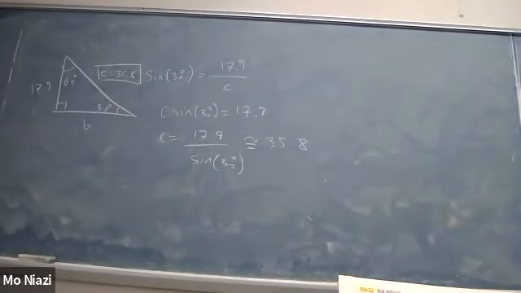What's little b? Maybe it's cosine. Why not? Cosine of what? 32. Equals what? b over 45.29. Okay, so how do we find b?